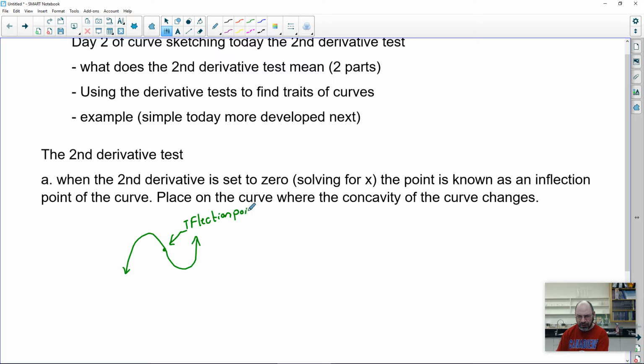I will use IP to represent it, just like I use CP for the critical points. IP can be the inflection point. So this is concave down, and this is concave up.